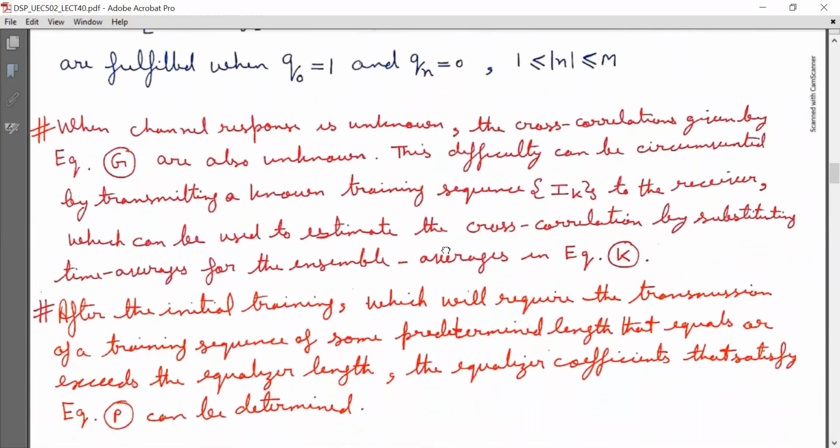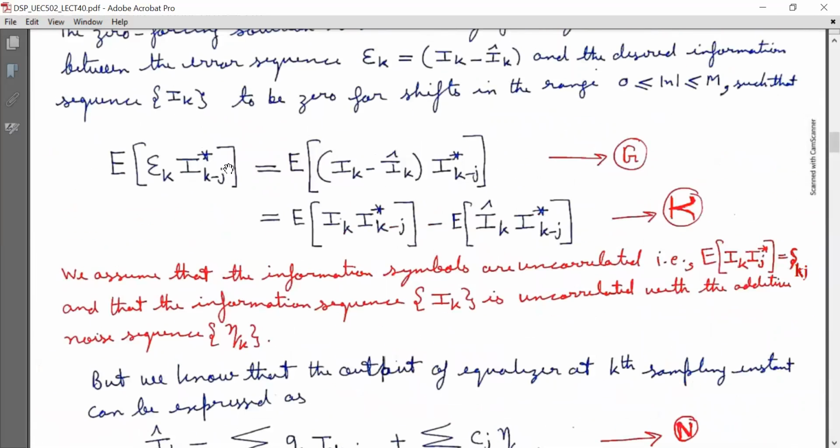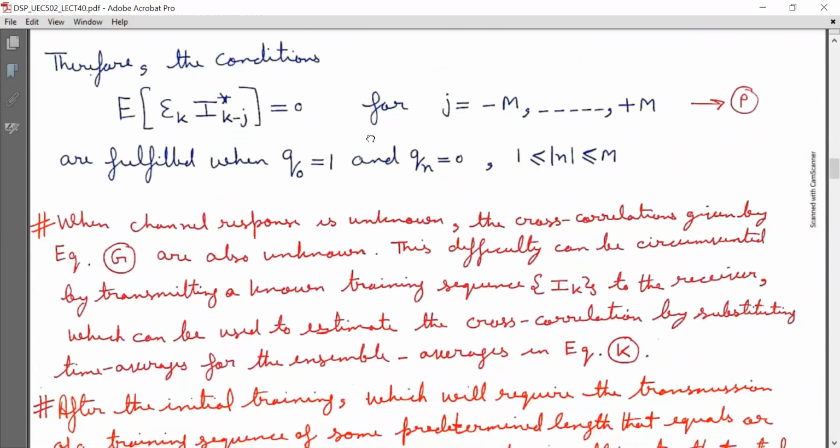Now, this is very important. When the channel response is unknown, the cross correlations given by equation G are also unknown.